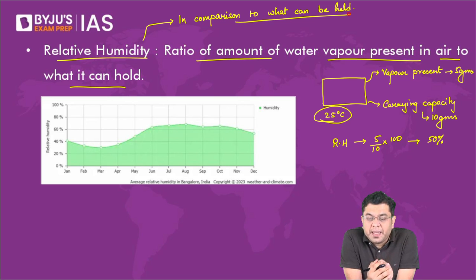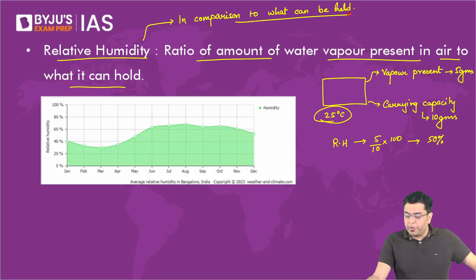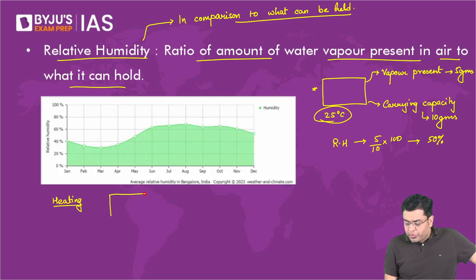Now, will this be impacted by temperature? Yes or no? What do you think? Will this be impacted by temperature? Very good. Absolutely yes. This will be significantly impacted by temperature. So for example, let's suppose this same air parcel, I heat it up and provide heating, to an extent where the temperature goes to 35 degrees Celsius.